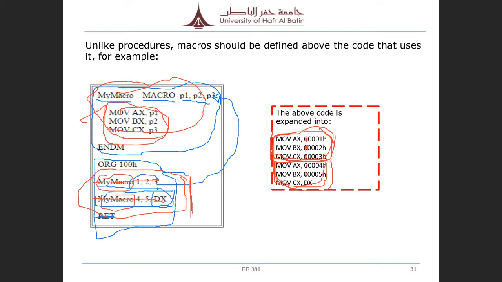The overhead time is more there, but here the overhead time is less, because in a procedure we have to use the stack, we have to jump to the subprogram and then come back here. This takes a long time, but here it doesn't happen. That's the benefit.